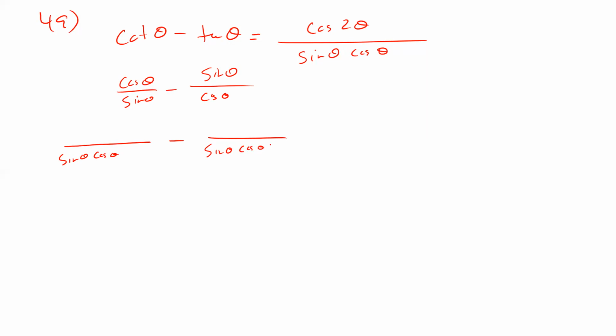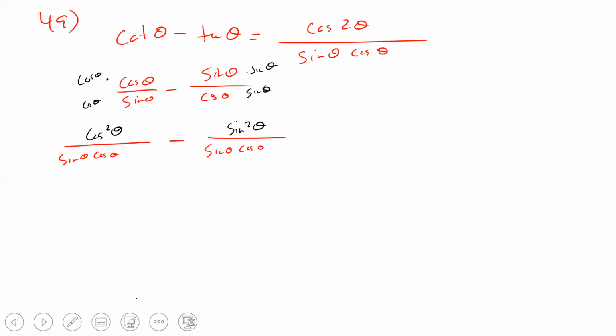That means I'm gonna multiply this guy by cosine theta, which gives me cosine squared theta. This one I'm gonna multiply by sine theta, which gives me that right there. And voila, I think I'm almost done.